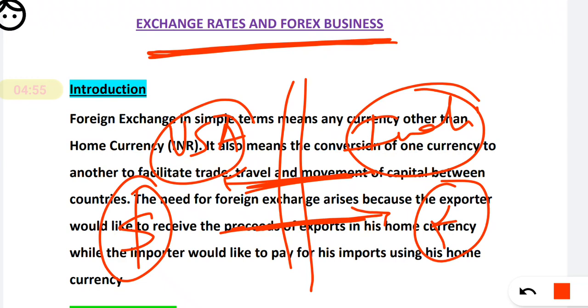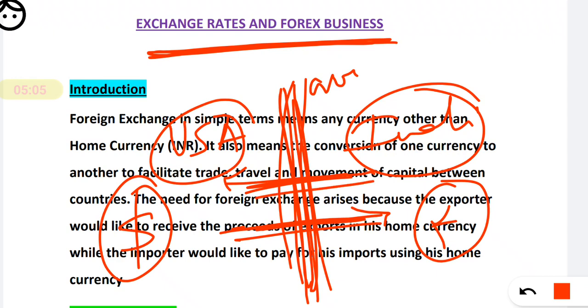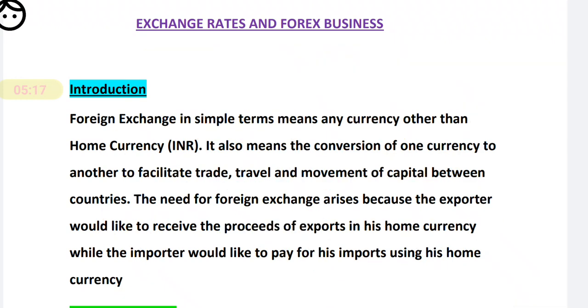That means to complete a cross-border transaction, that is a transaction between different countries, the exchange of one currency to another currency is required. For that purpose we are studying the exchange rates and the forex businesses. The main purpose is international trade. Now this is the introduction part, and friends, see what is the volume of the transaction.